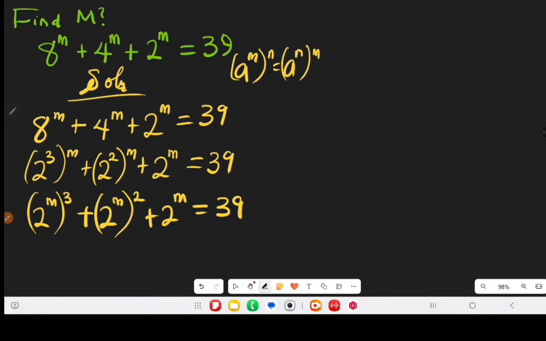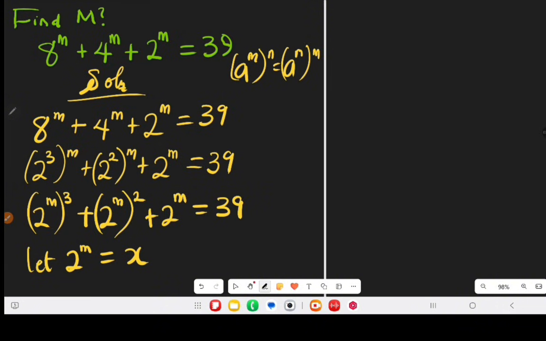At this point, we will say let 2 raised to the power of m equal x. This will be x raised to the power of 3 plus x raised to the power of 2 plus x equal to 39.